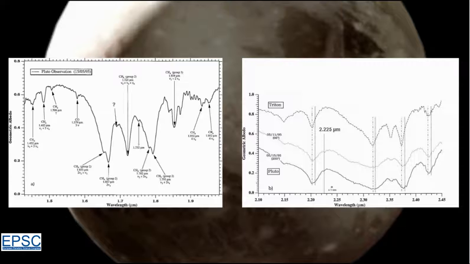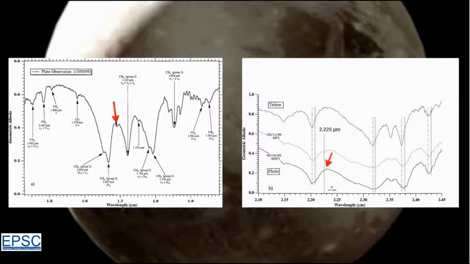We would like to analyze a new hemispheric spectrum of Pluto ranging from 1 micrometer to 2.5 micrometers, corresponding to the near-infrared region, in order to find out which molecules are present at Pluto's surface and in which state: pure, diluted, mixed, etc. Two unidentified weak bands are observed around 1.690 micrometers and 2.225 micrometers.